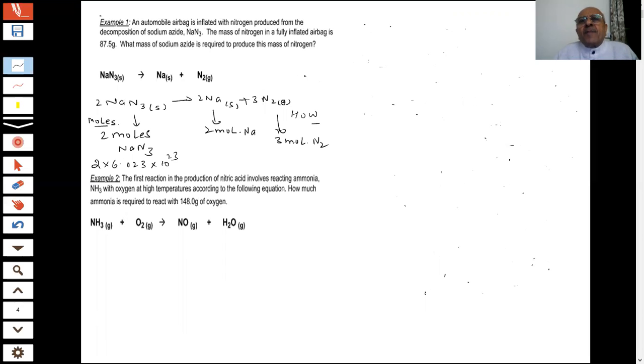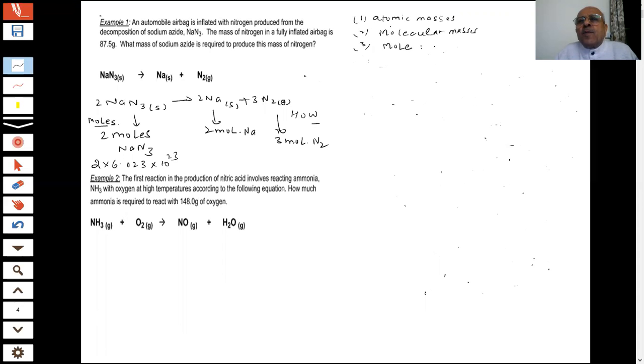Now what have we learned? Atomic mass. Then you learned molecular masses. You learned the mole concept.